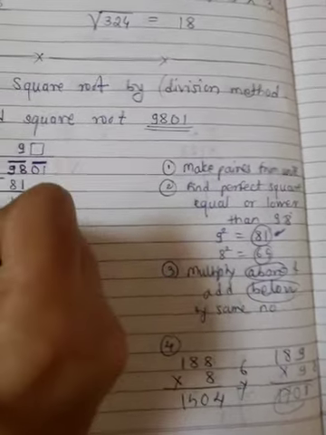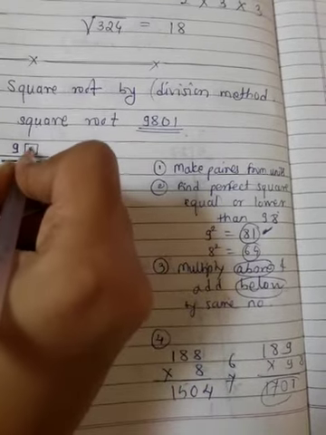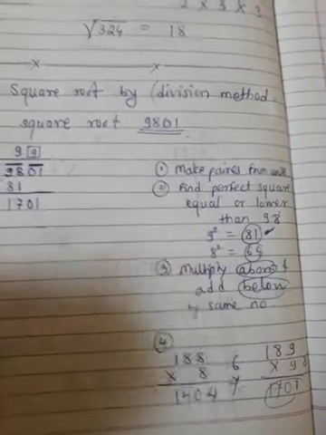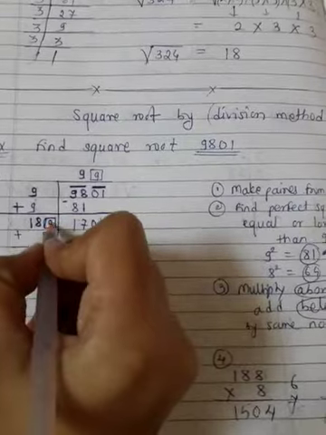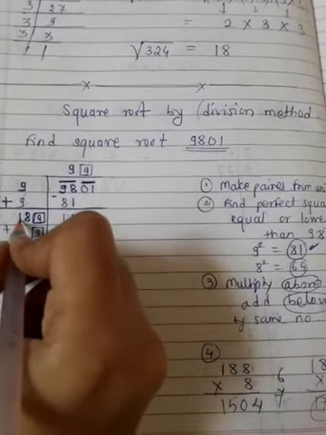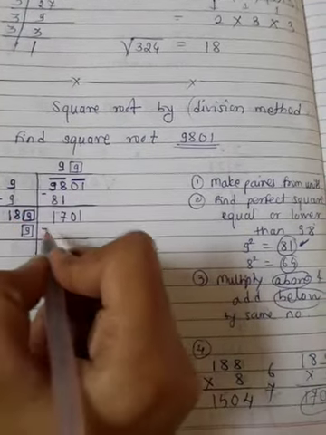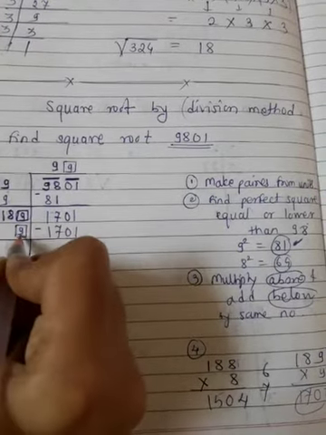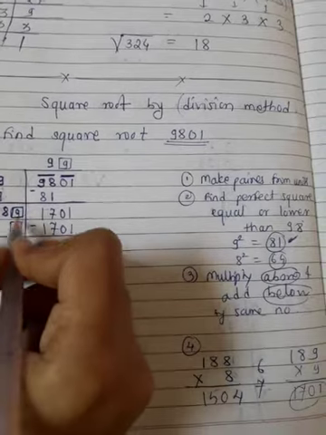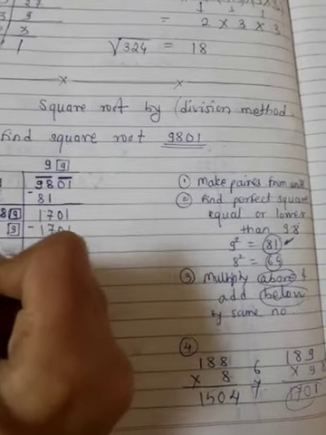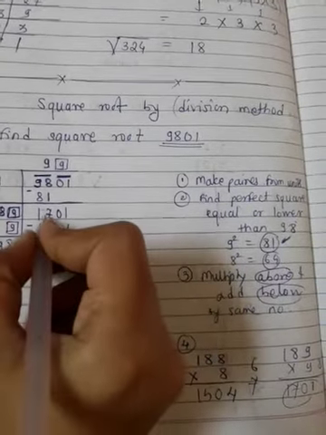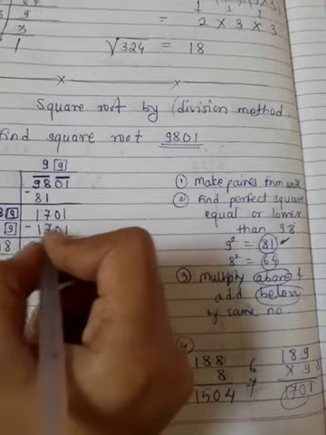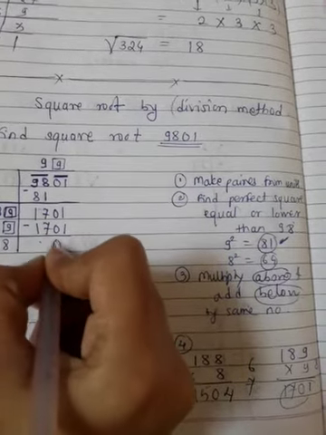So here we choose 9, 9, and 9. When we multiply 189 by 9, write the product here, and add the same number below. So 189 plus 9 gives 198, and when we subtract 1701 from this, we get 0.